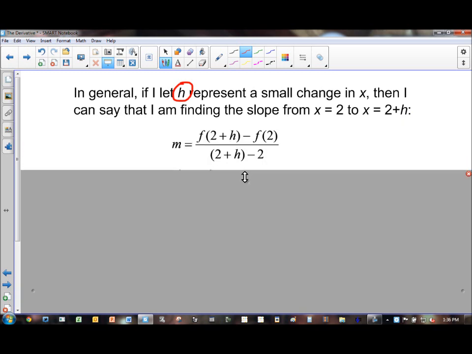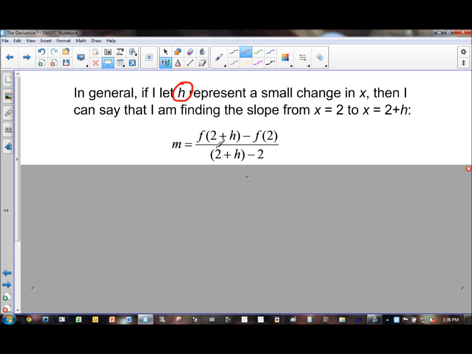So this is what I have. My y2 is the function value at 2 plus h, and my other y value is whatever the function value is at x equals 2. And then I just subtract those x's on the bottom. There's y2, there's y1, there's x2, and there's x1. All right, so everything's there just like it was for slope.